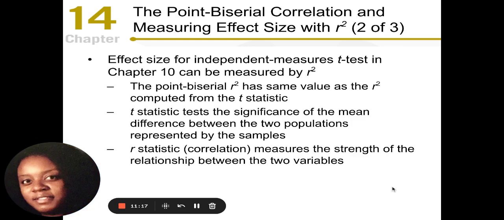The effect size for the independent measures t-test in Chapter 10 can be measured by r squared. So that point-biserial r squared has the same value as the r squared computed from the t statistic. And the t statistic tests the significance of the mean difference between the two populations represented by the samples. The r statistic of the correlation measures the strength of the relationship between the two variables.